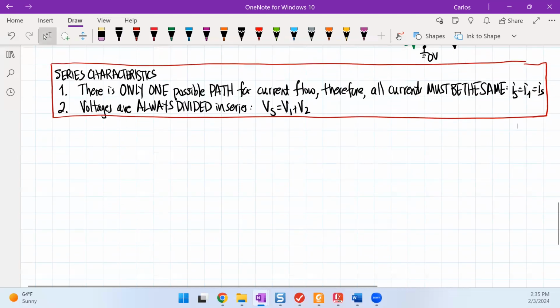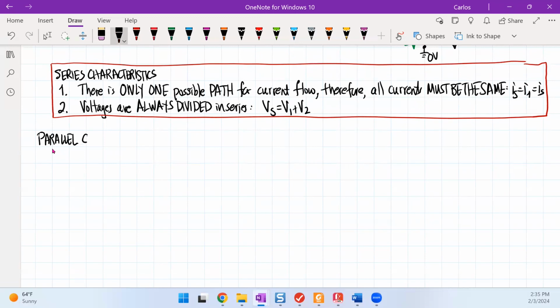So now the next one that we have to talk about is parallel. So now if we have parallel circuit fundamentals, we have very similar things as what we had with series.